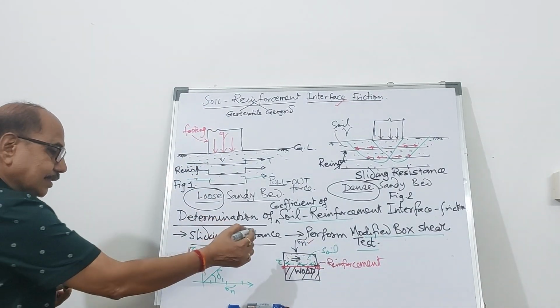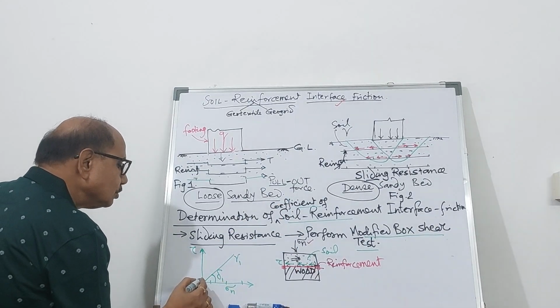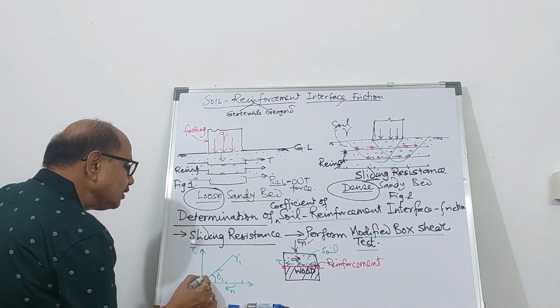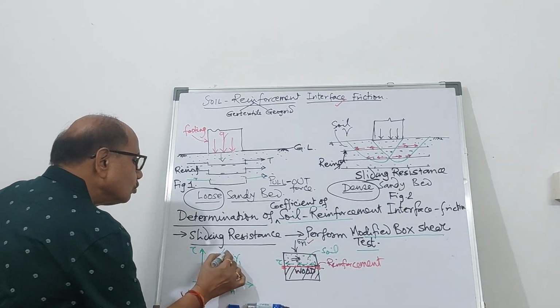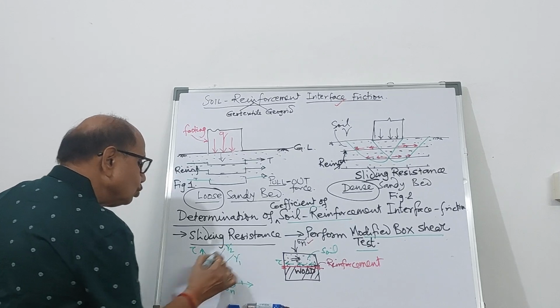Now let's say the density is increased. So it is a function of density. Now the unit weight is gamma 2.